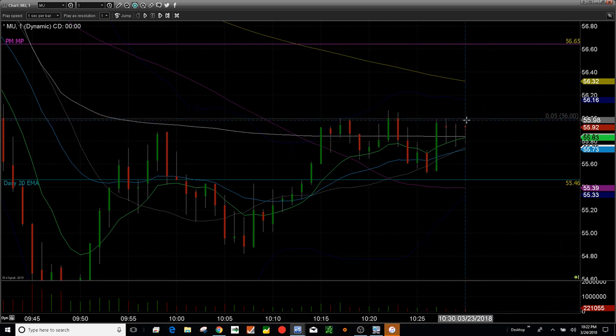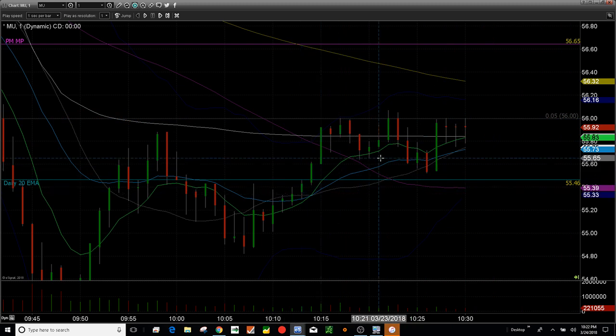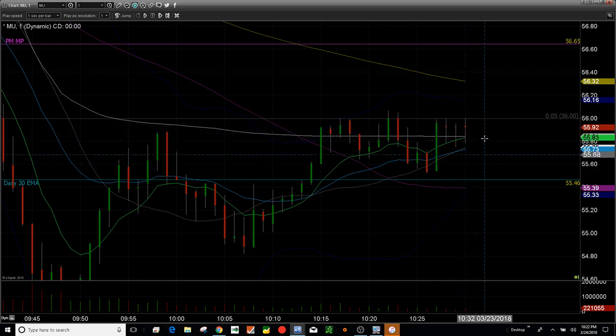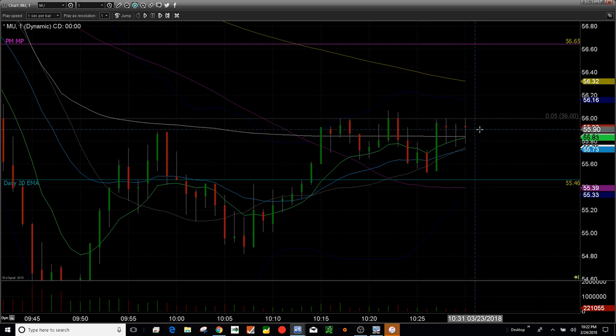So these 9 EMAs are coming up on the one. It can't hold above 56. And it's in between VWAP and 56 here. This looks pretty darn weak, so I'm thinking it's going to turn around and go down. So I start building a position short. I'm probably like 200-300 shares short right through here.